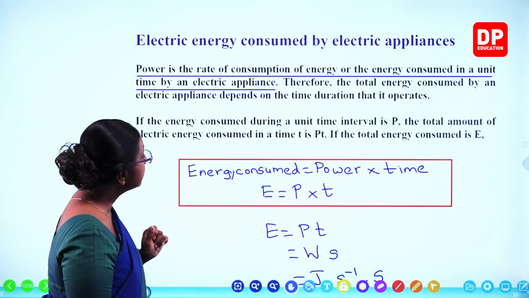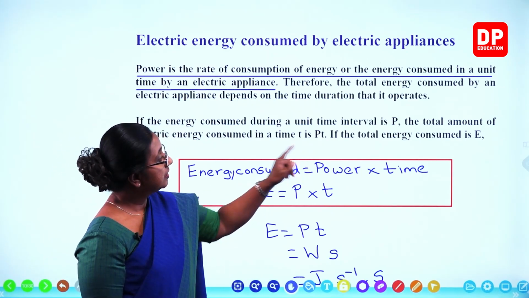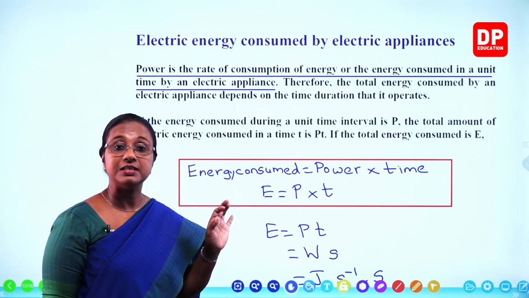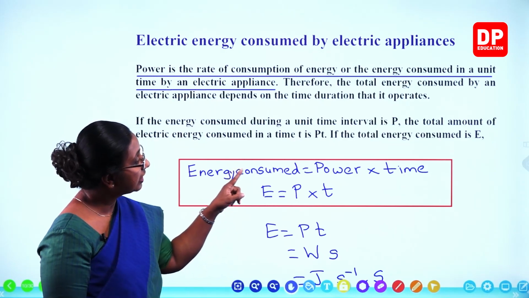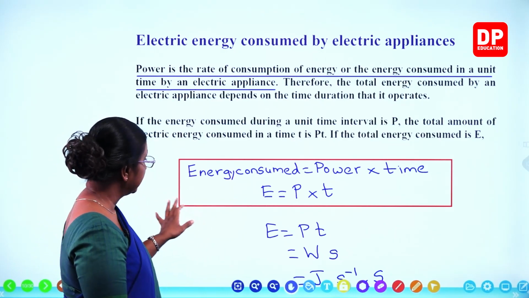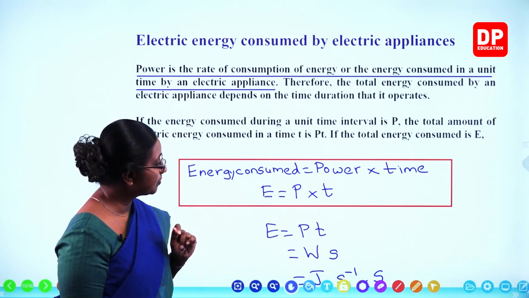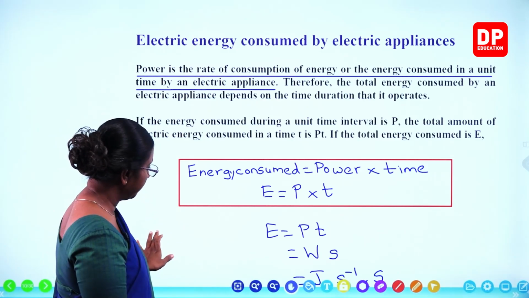If the energy consumed during a unit time interval is P, then the total amount of electric energy consumed in a time T is P into T. If the total energy consumed is E, then you get this equation: energy consumed equals power into time. So, that is E equals P into T.